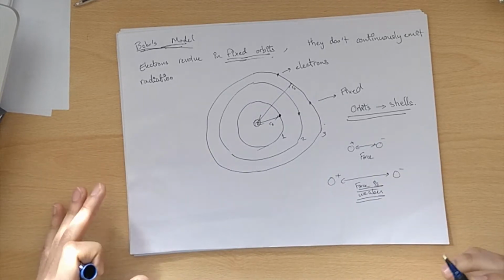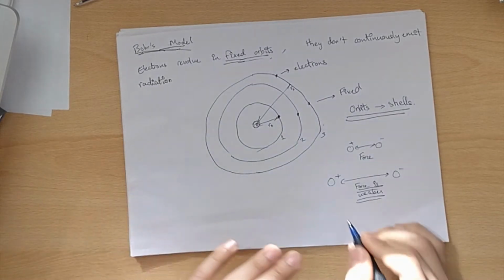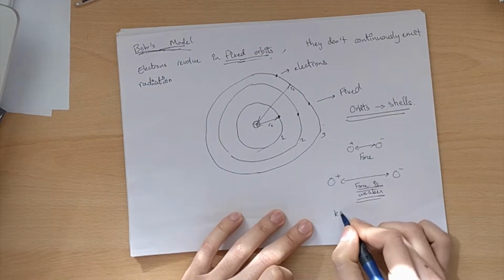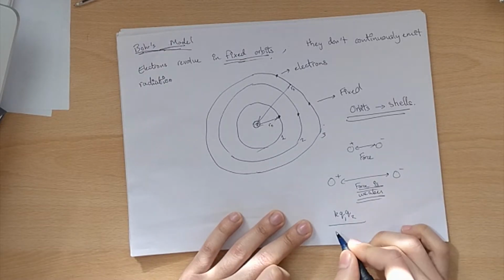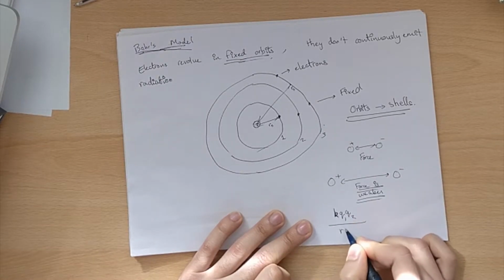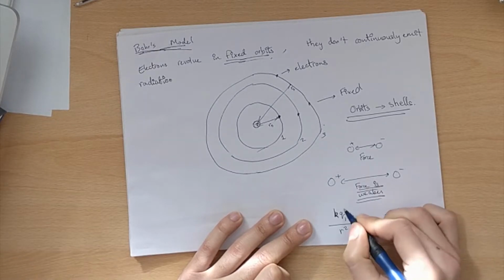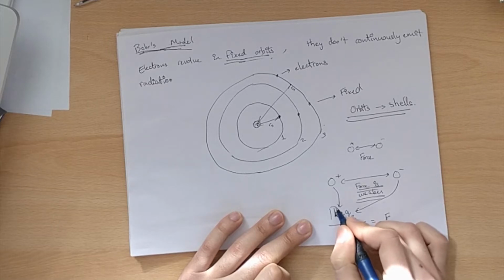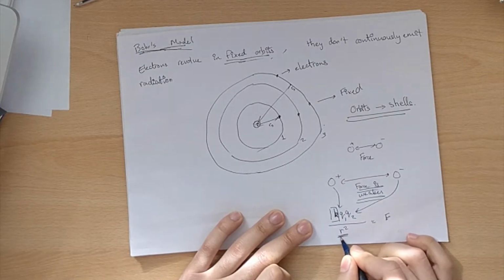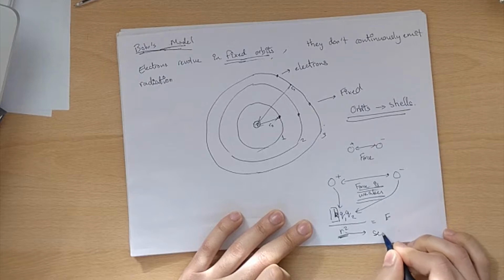There are ways to test this, but the best way would just be to look at the equation, which states that the Coulombic attraction between two charges, Q1 and Q2, is given by this formula. So that's the charge 1, that's the charge 2, that's a constant, and that R is the separation between them.